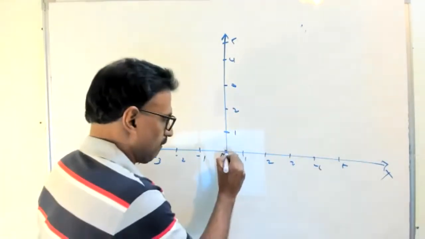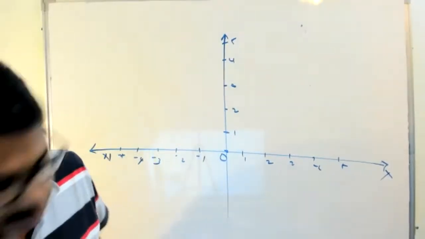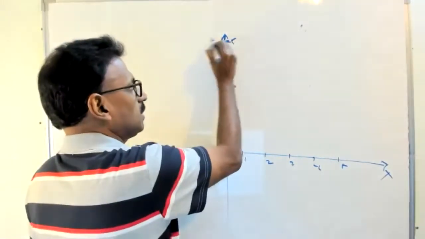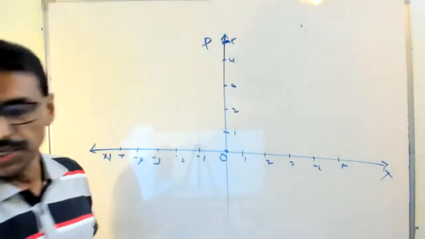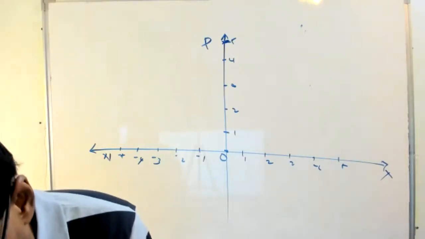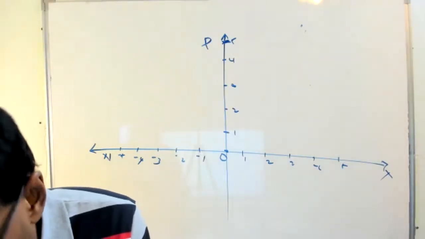The jewel box is here. The police is at 0, 5. They are equidistant. And another important thing is the ordinate.